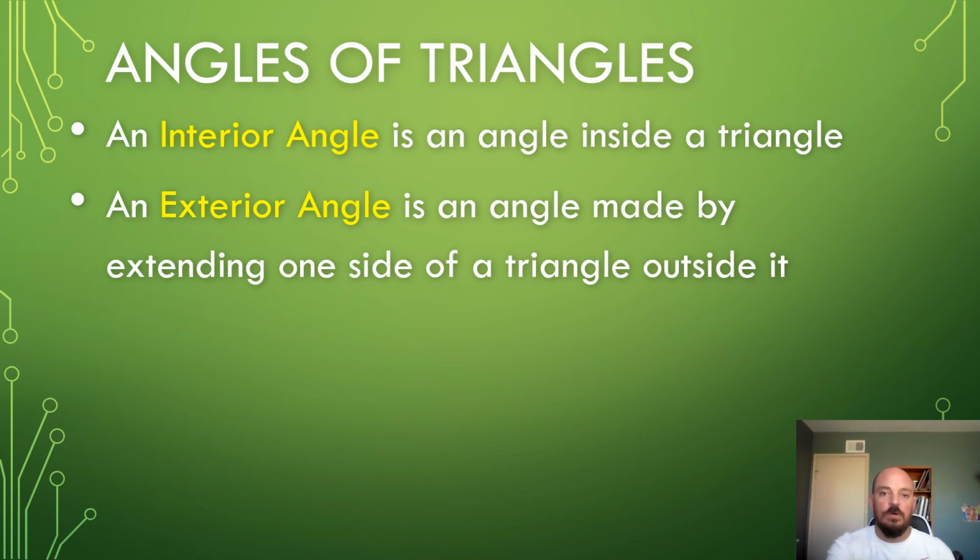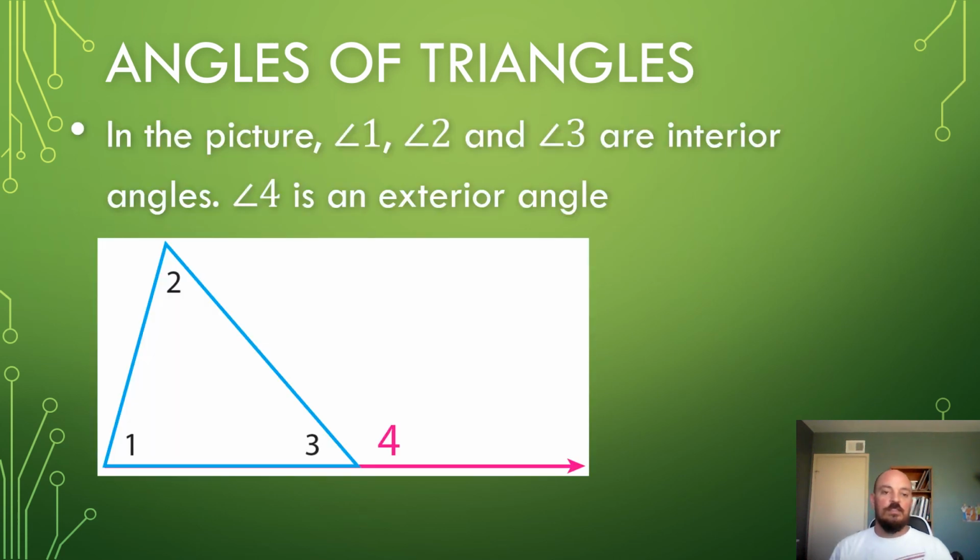So here's a picture of both. In this picture, we have the blue triangle, and I numbered the angles. Angles 1, 2, and 3 are interior angles because they're inside the triangle. Easy. Now angle 4 is what we call an exterior angle, and you see I had to add to the picture. I had to take that pink line and draw it. I had to extend the bottom side of the triangle so it keeps going, and that creates an exterior angle.